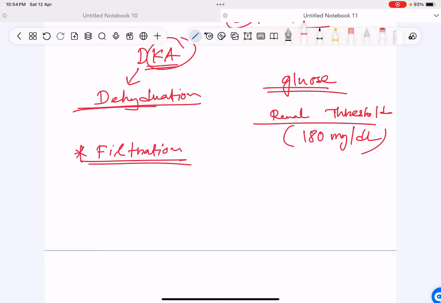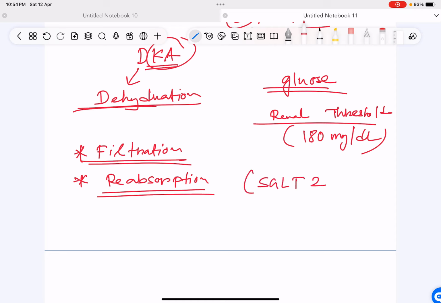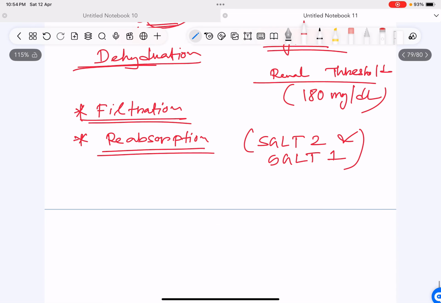Next, what will happen? Reabsorption in the PCT. In the PCT, glucose is reabsorbed by SGLT2 and SGLT1, sodium glucose cotransporter 1 and 2.